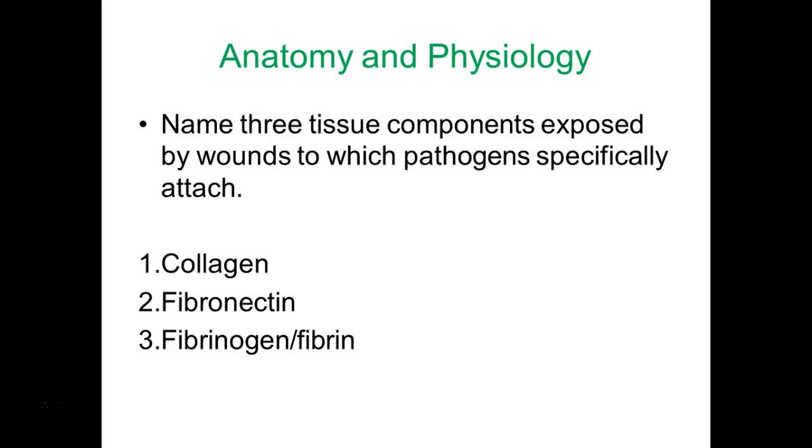Of course, these are not exposed in the outer layer of your skin. They are exposed when you have damage to the skin, and then the microorganisms are able to attach to them. Because remember, the first thing for infection is attachment. So these substances, unfortunately, they're going to attach to.